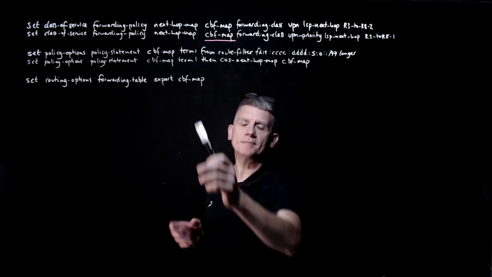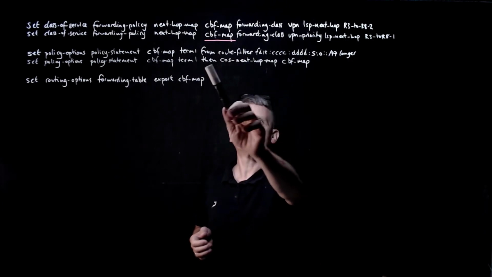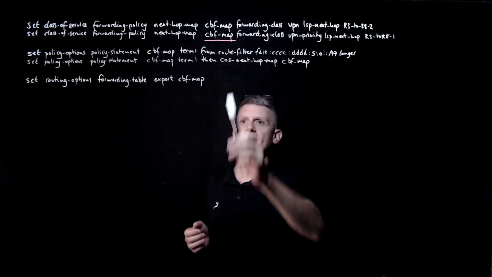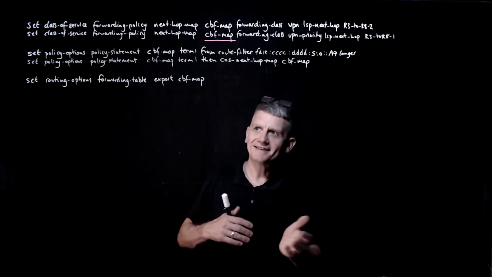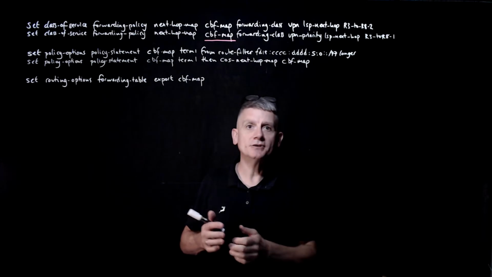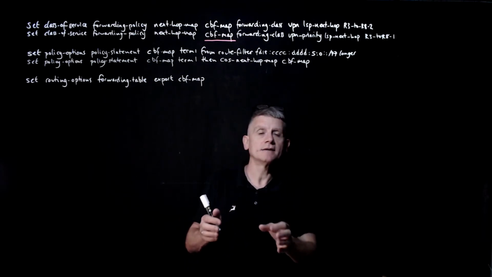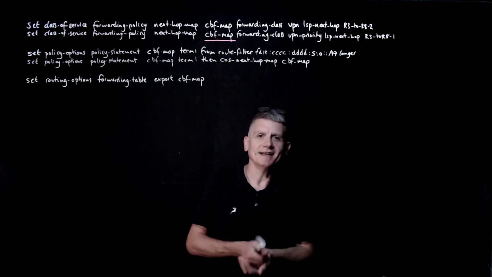Chosen the same name, but it could be different. And from a particular route filter, we're going to apply the CBF map. And then we attach it to the forwarding table as we discussed. What's it going to do? It's going to take traffic, select it, and push it down a particular LSP.